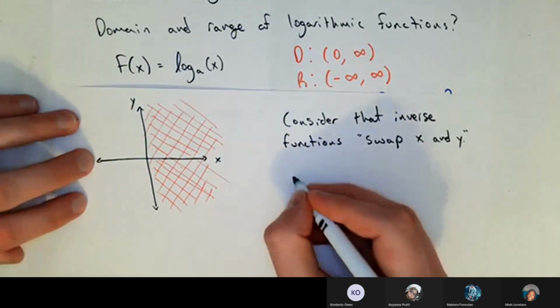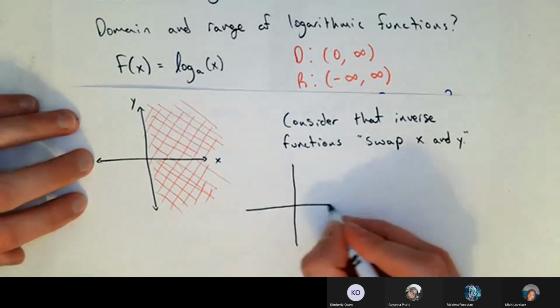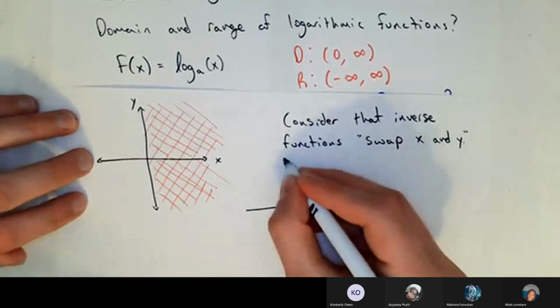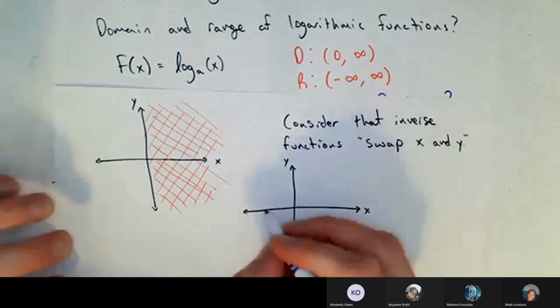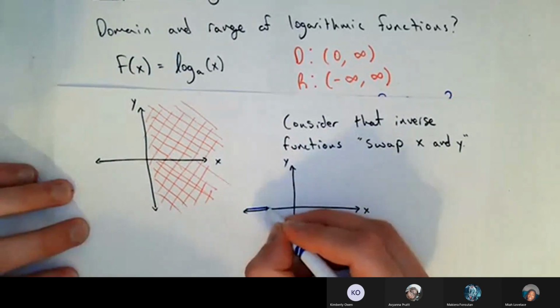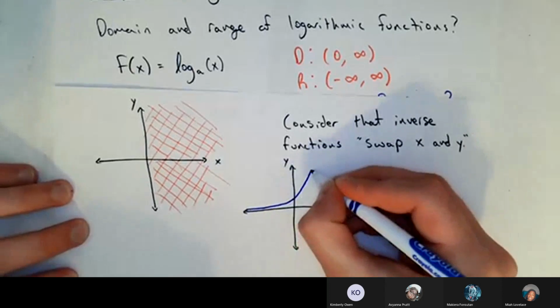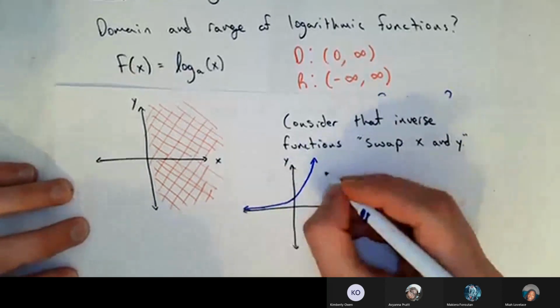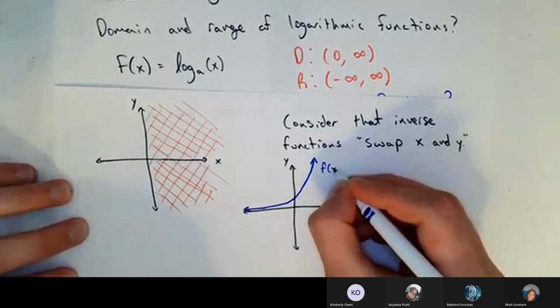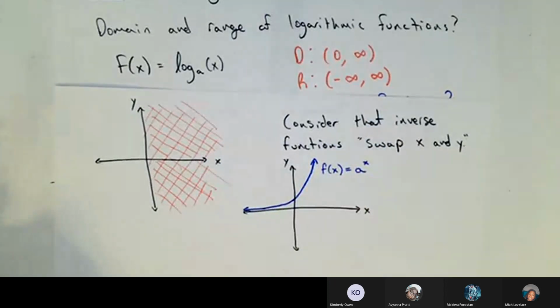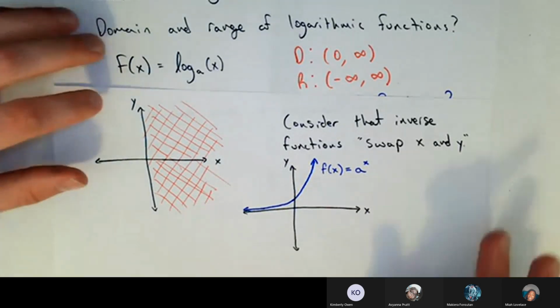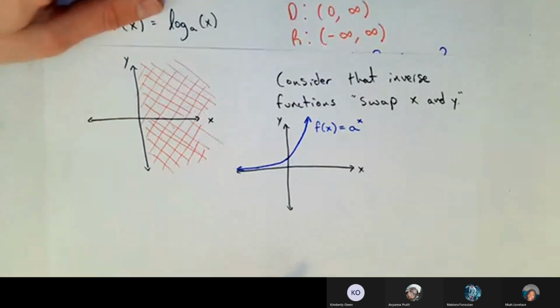So if I know the graph of an exponential function, here's x and here's y, a normal exponential function, I know its shape is like this. All right, and then it blows up to infinity like that. So I'll call this f of x equals a to the x. And then, okay, let me think.